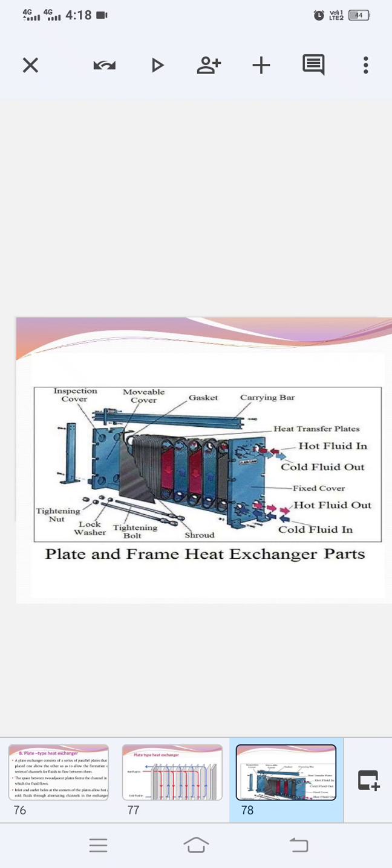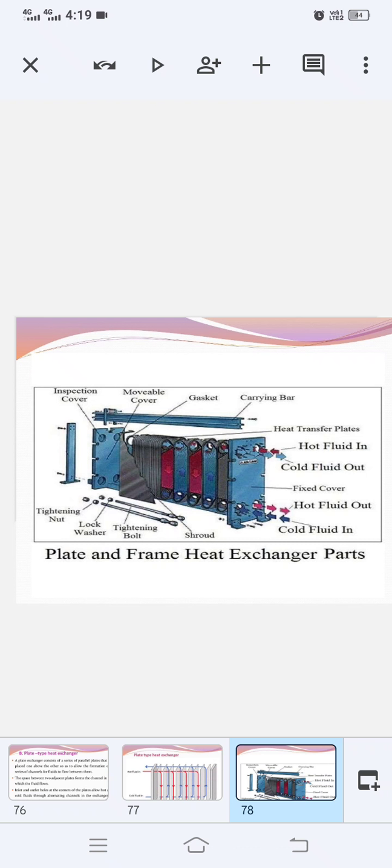This is again a diagram of a plate and frame heat exchanger. What are the various parts we have in our plate and frame heat exchanger? Various things are involved, like several tightening nuts, lock washers, tightening bolt, shroud, gasket, the movable cover on both sides, and a carrying bar.